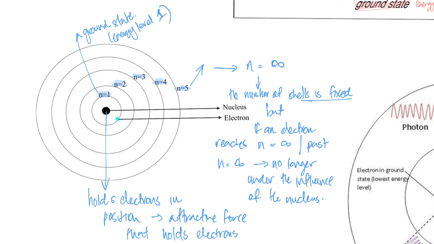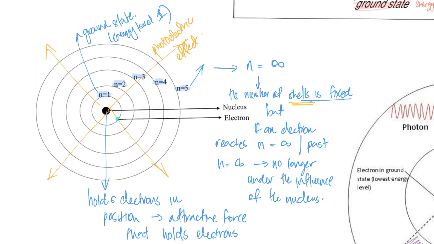But if the electrons go too far away, so let's say they start branching out and going too far away, then we're going to have a situation called the photoelectric effect. That's essentially what's happening here. So if I go past a certain number of shells, then I'm going to have a situation with a photoelectric effect.